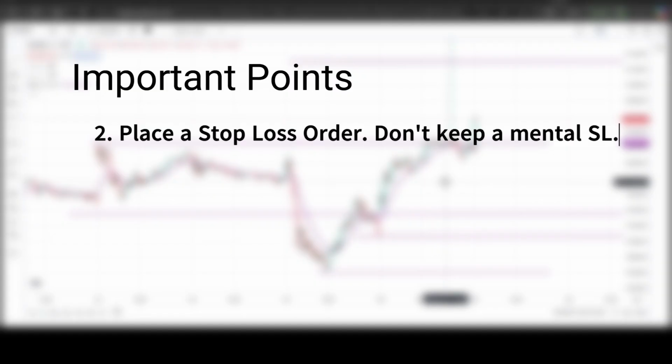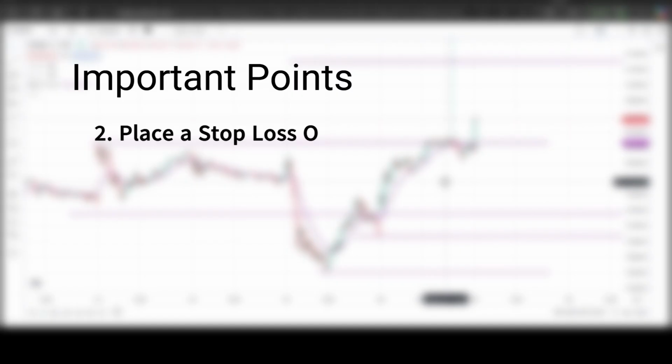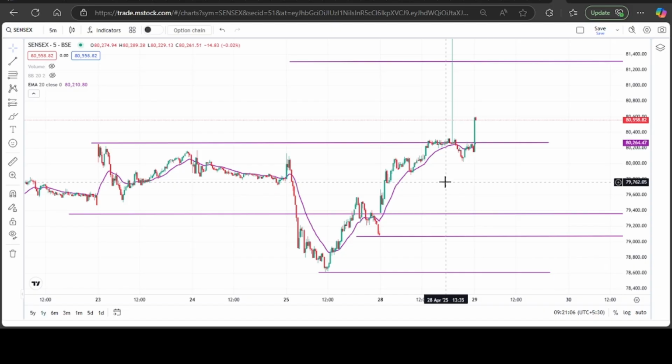The third point is, if you don't want to wait till the end of the trading session today, you can take your profits and then exit. The reason is Sensex in the last hour of trading, or let's say in the last 2 hours of trading, is very volatile, and you will always see it making big spikes, very big, sudden swings at the end of the trading session.